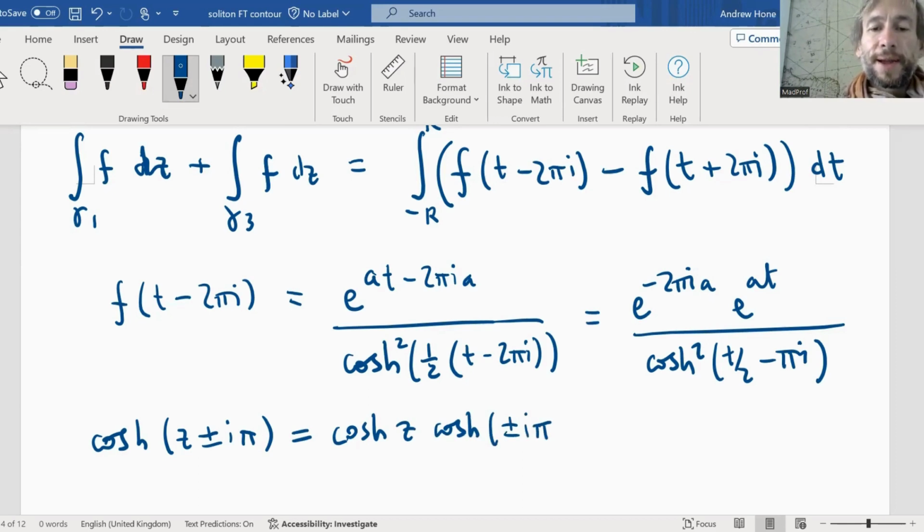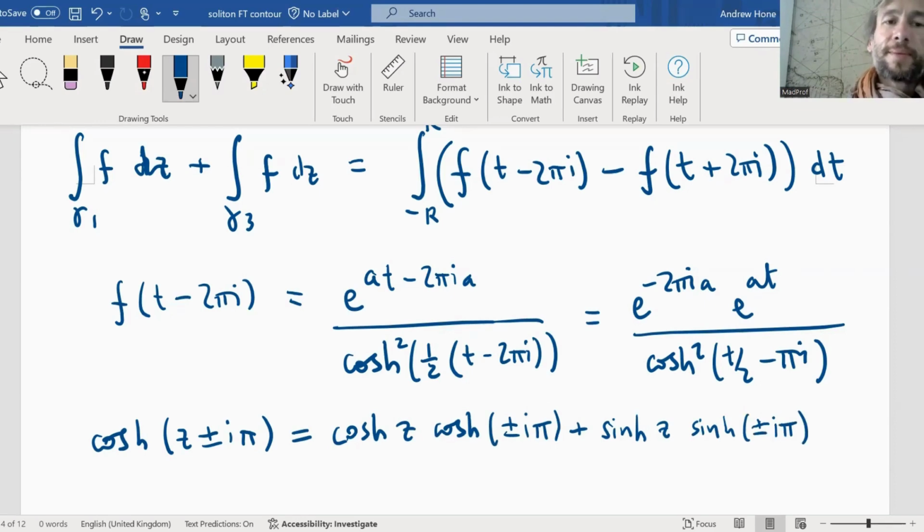But then, okay, cosh is an even function, so the sign won't make a difference there. And then this is plus sinh of z, and then sinh of plus or minus i pi.